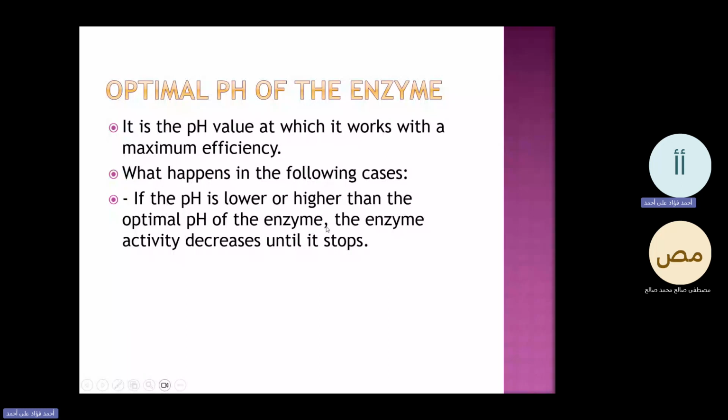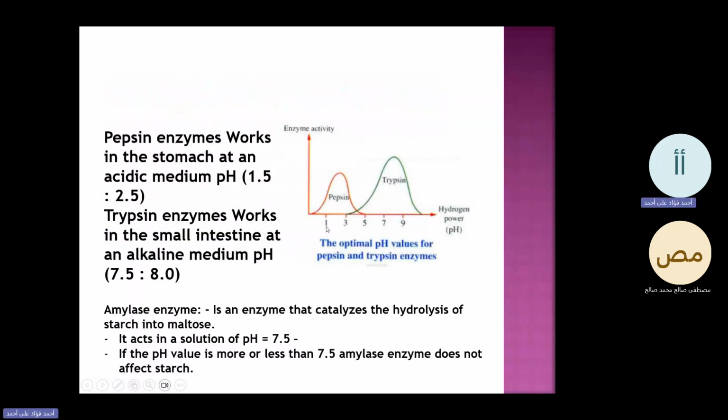زي ما انت شايف هنا. احنا عندنا في الدايجستيف سيستم بتاعك في انواع عدد كبير جدا من الانزيم. من اهم الانزيمز دي عندنا البيبسين والتريبسين. These both enzymes work on the same substrate, work on protein, but they differ, they work in different medium.